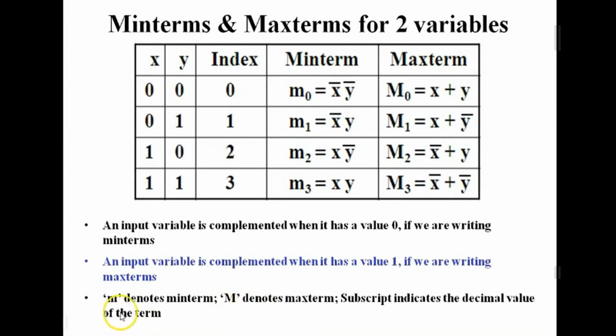You might also see the subscripts here, 0, 1, 2 and 3. These are the decimal values of the corresponding terms. These are all the indices of the different terms. So you have m0, m1, m2, m3 and capital M0, M1, M2, M3 for a two variable expression.